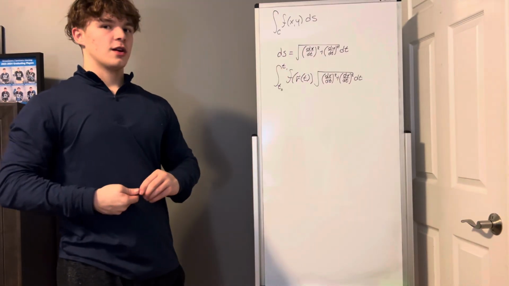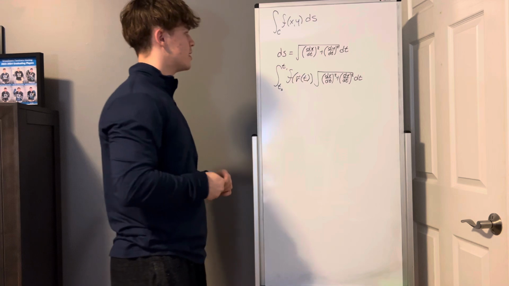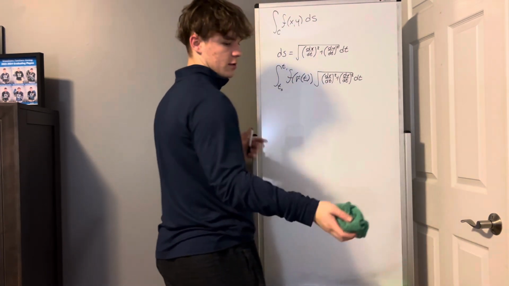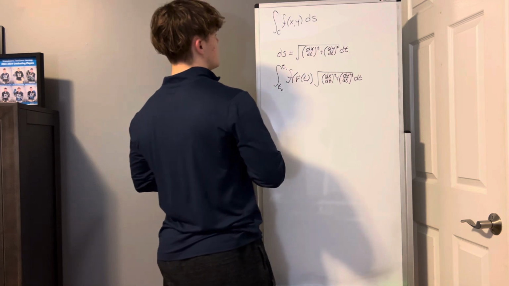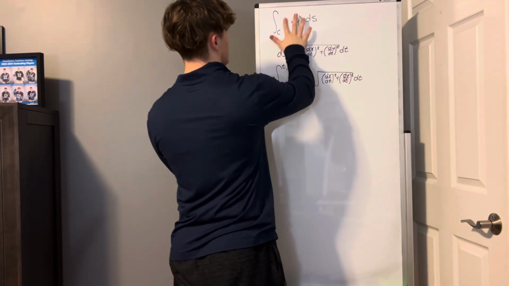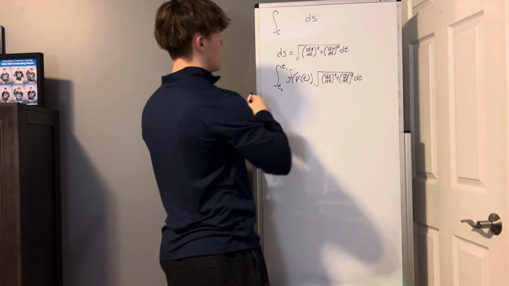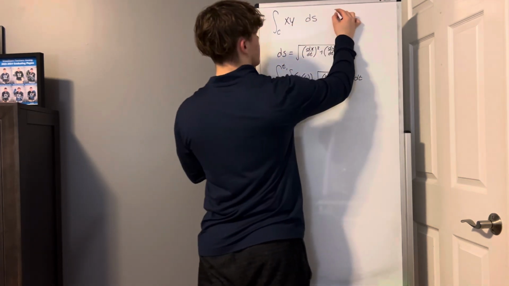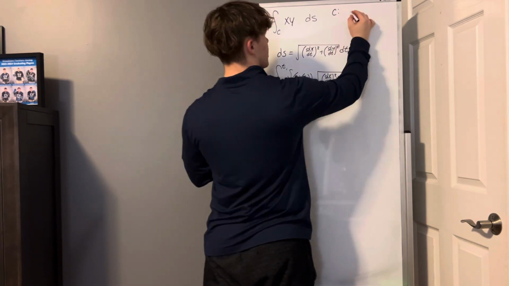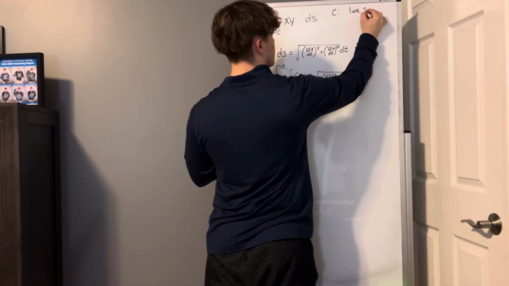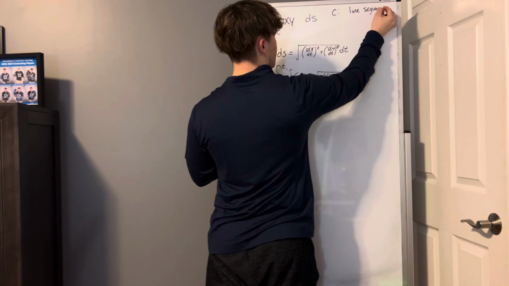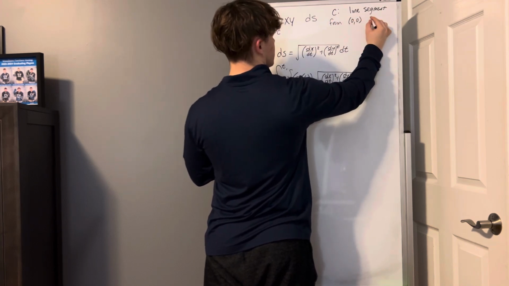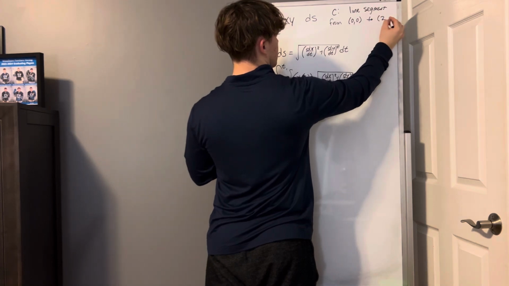So I suppose we should look at an example. Let's integrate over the function xy with respect to s, where your curve C is a line segment from 0, 0 to 2, 2.